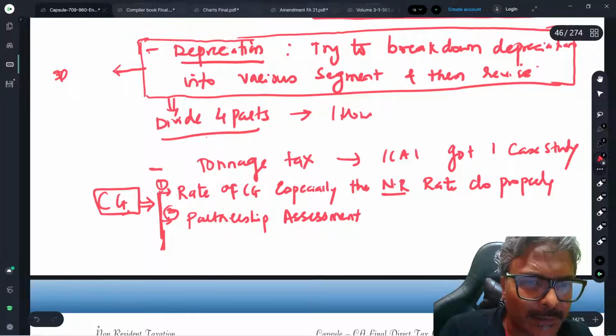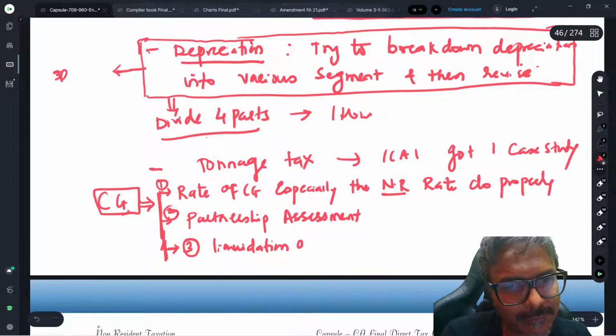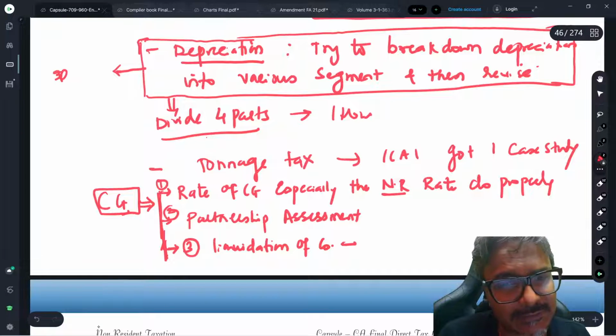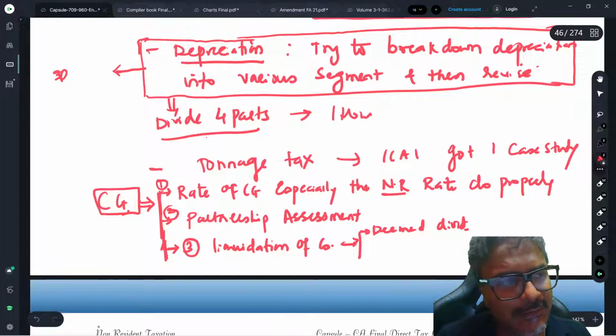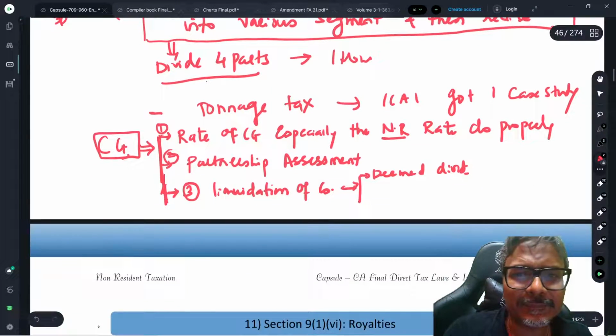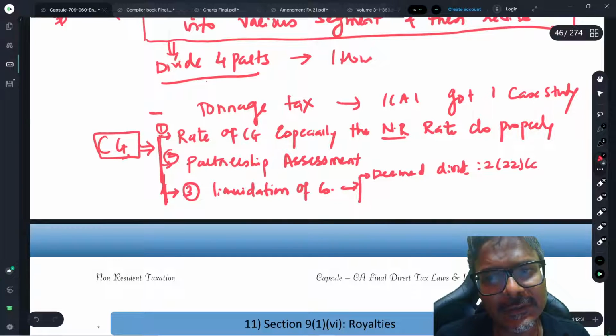Okay. Now, thereafter, students, the next one would be, this time, liquidation of company. There are 2 things, and this is very important. One is a deemed dividend angle under 2(22)(c), and another is a capital gains part.